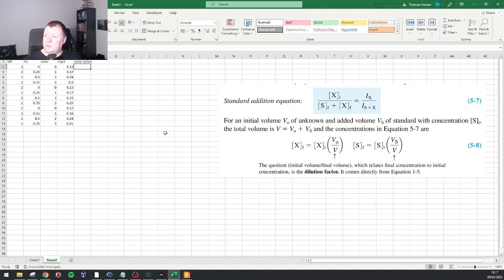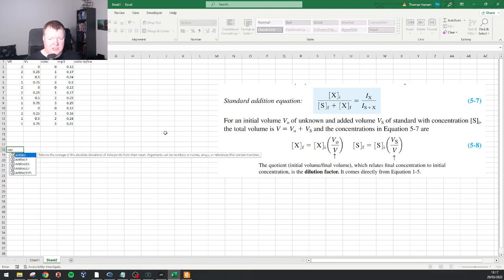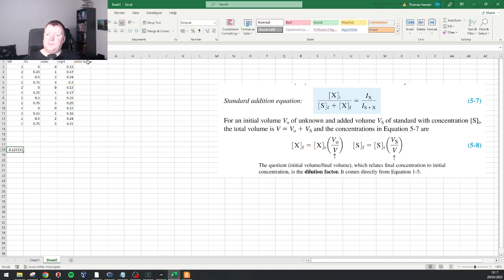And I mean, we can calculate it here. What I just need, usually I would just do the average of, where do we have our zeros? 0 there, and there. There we go. And then you basically say, okay, I want the ratio of my measurement to my average. And we fill that down.